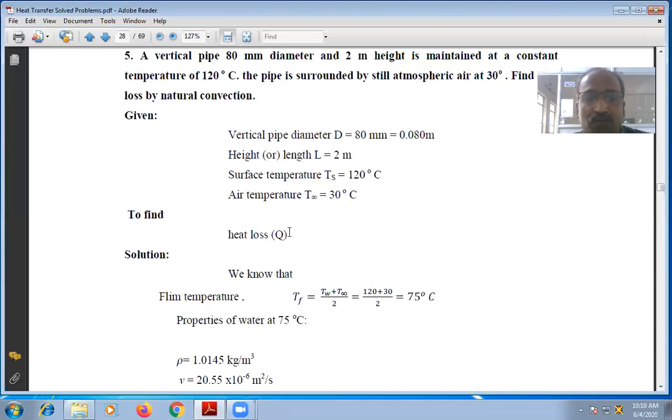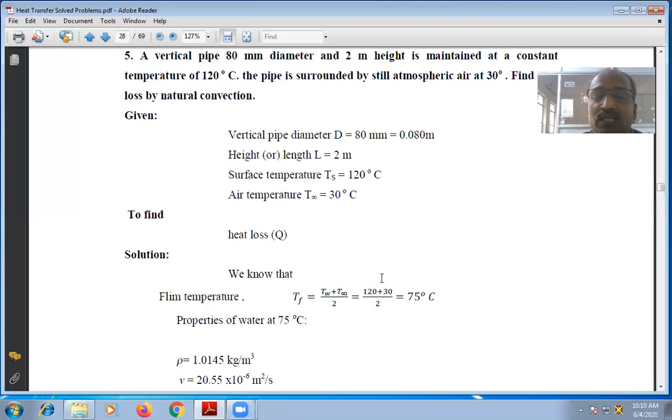Now we know that film temperature Tf is equal to Tw plus T infinity divided by 2. This is very, very important. We take the average of the high temperature of the wall of the pipe and the temperature of the surrounding, and that is called film temperature. 120 degrees is the temperature of the vertical pipe, that is the body temperature, plus 30 is the surrounding air temperature.